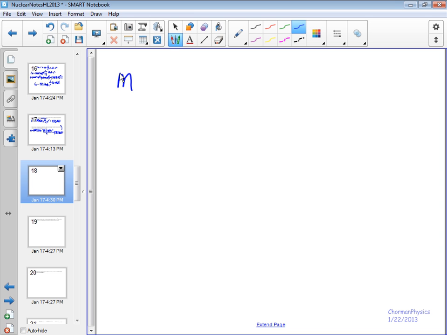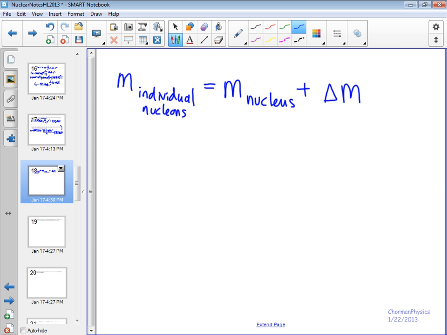The formula you need here is that the mass of the individual nucleons is equal to the mass of the nucleus plus the mass defect, that missing mass. The mass defect, or mass deficit, is the difference between the mass of the nucleus and the sum of the individual nucleons. That's the energy that's released when it's formed from its individual components. A few notes to make here: different nuclei have different binding energies.